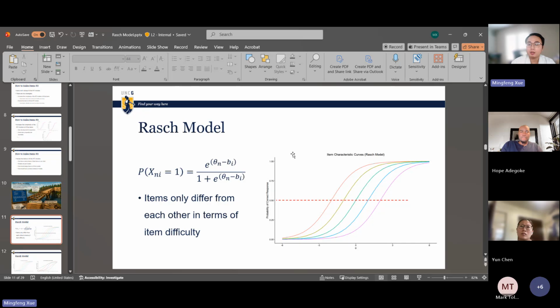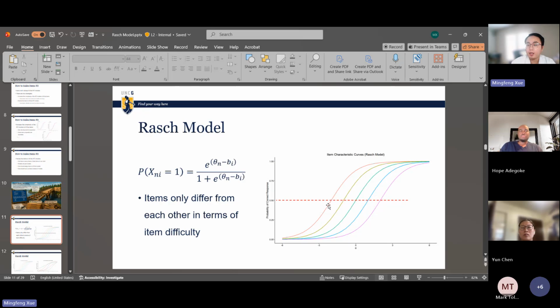Now let's take a look at the plot on the right-hand side. As we know, item difficulty is the corresponding theta when the probability is equal to 0.5, and I highlight it with a red dashed line. In this plot, we have 5 items: red, brown, green, blue, and purple. They only differ in the difficulty.